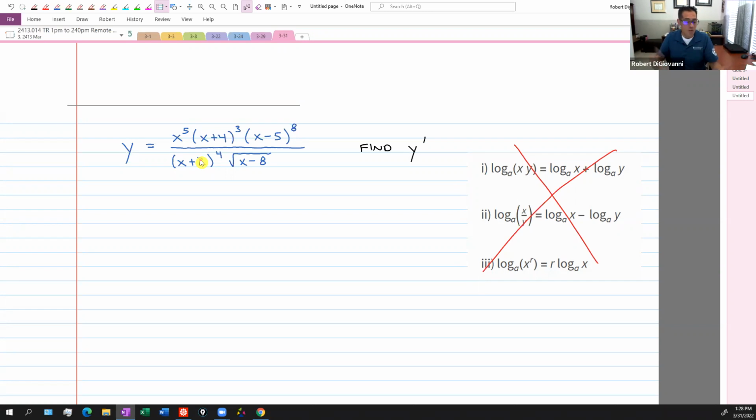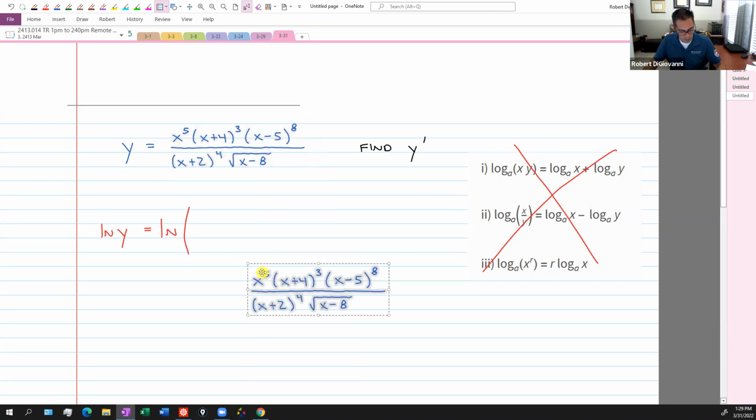So I'm going to do that. I'm going to take the natural log of the left side. Natural log of y is just natural log of y. And then I'm going to take the natural log of the right side. Now, the right side is all of that stuff.